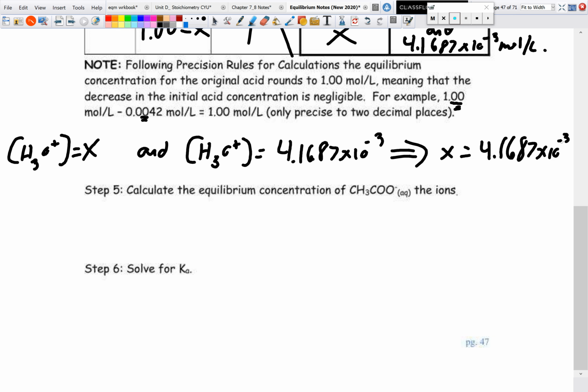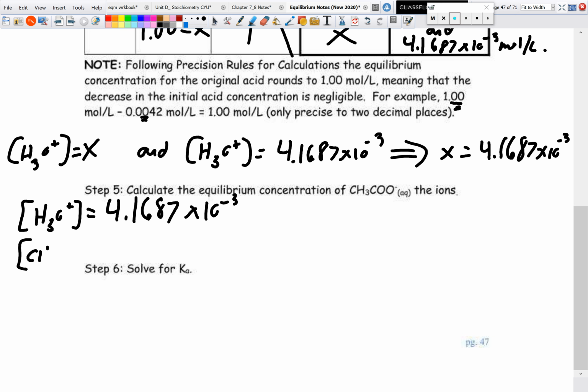Now from here, we know the concentration of H3O plus is equal to 4.1687 times 10 to the negative 3. The concentration of our acetate, CH3COO minus, is equal to x, so that is also equal to 4.1687 times 10 to the negative 3.